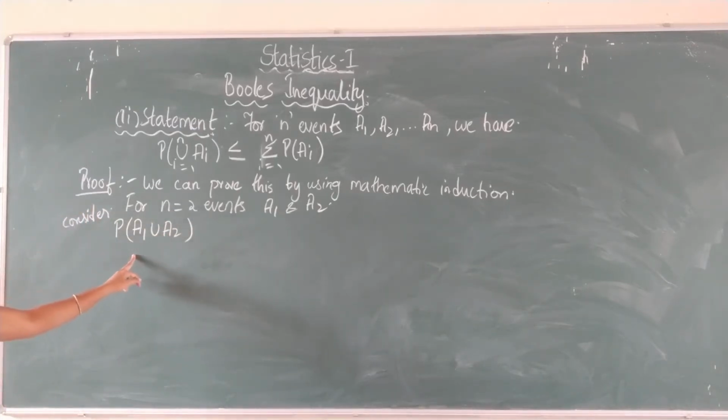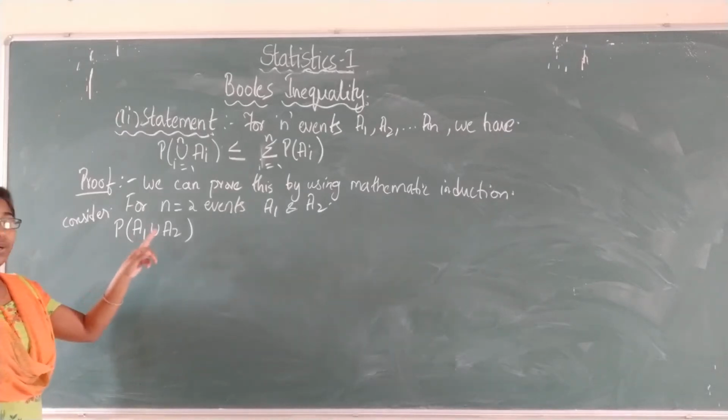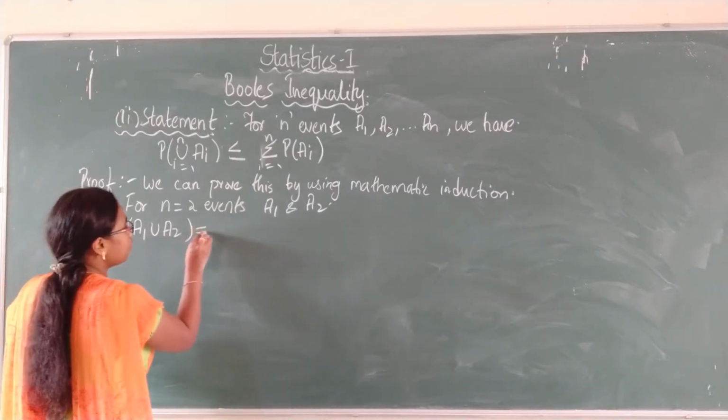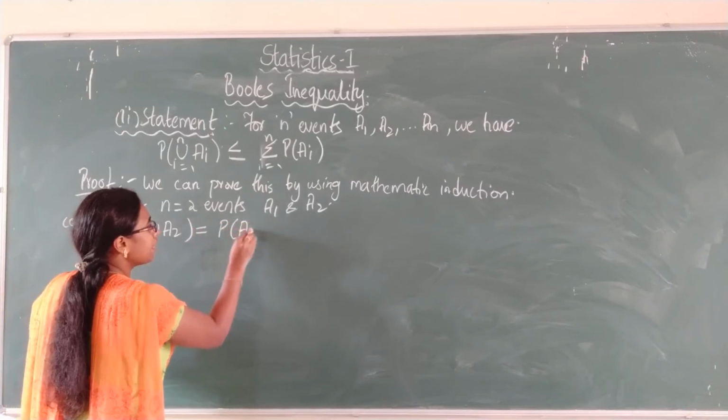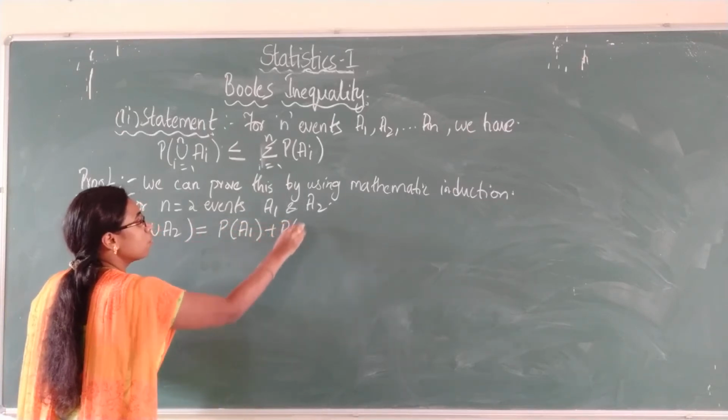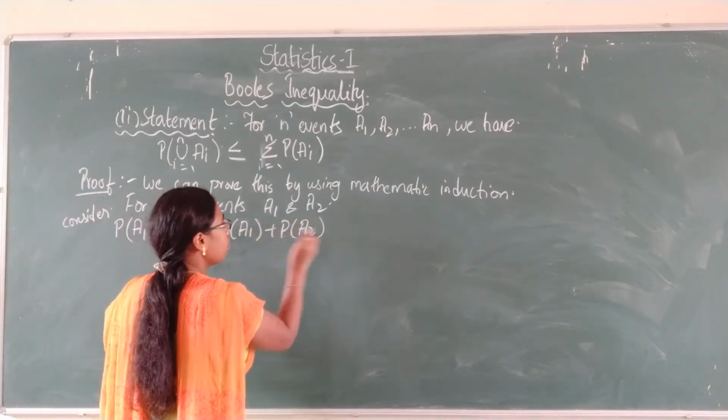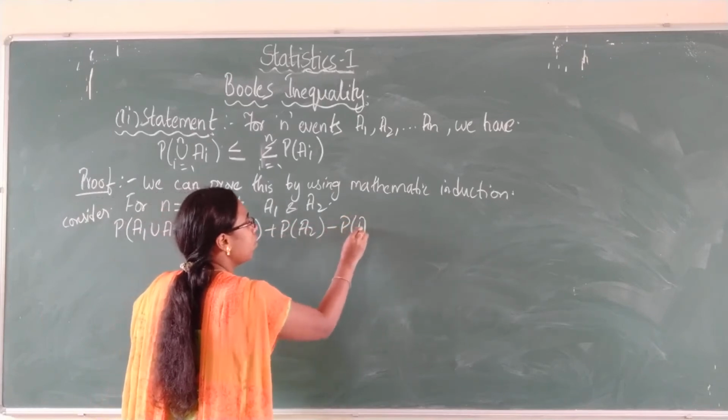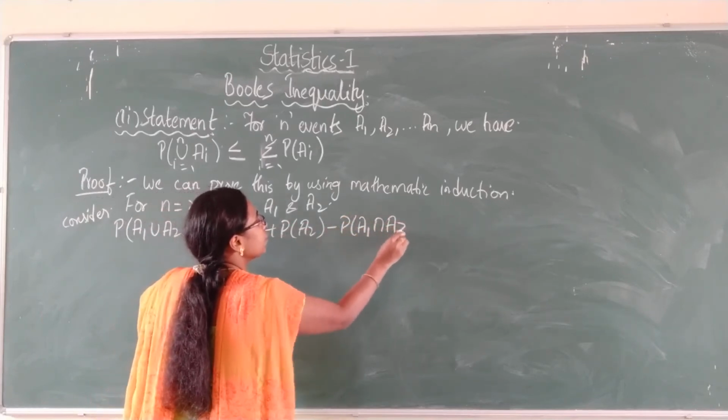We know for any 2 events, if A1 and A2 are any 2 events, probability of A1 union A2 is equal to probability of A1 plus probability of A2 minus probability of A1 intersection A2.